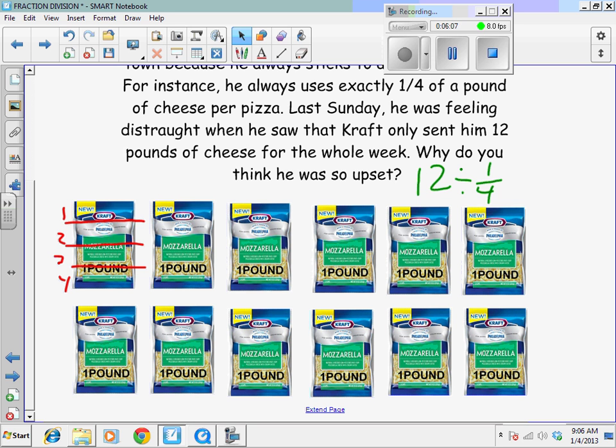Each one of these indicates one pizza, right? This is 1 pizza, 2 pizzas, 3, 4, 5, 6, 7, and so on. Anthony? 48 pizzas. There's 4 times 12, correct?